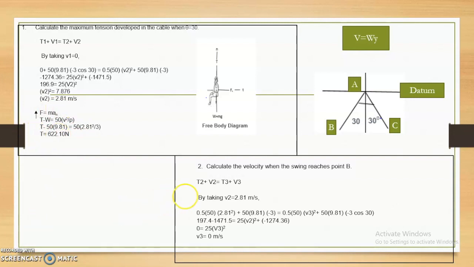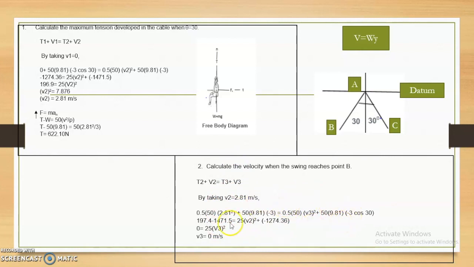Okay, now let's calculate the velocity when the swing reaches point B. It's here. So we use the formula of T2 plus V2 equals T3 plus V3, where 2 is here and 3 is here. By taking V2 equals 2.81 meter per second, which we got from the previous problem, we substitute V2 equals 2.81 and V3, which is the velocity we want to find now.